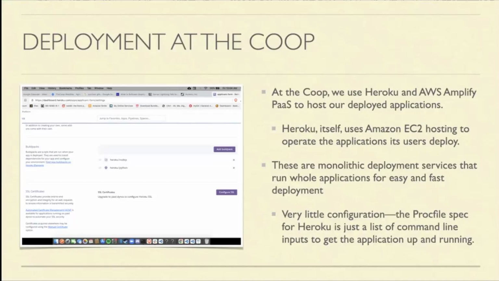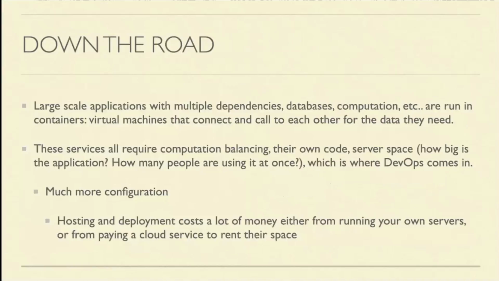But it's pretty good for things you want to get up and running quickly, things you want tested quickly, and you don't really run into very many snags until you get past a significantly large number of users and requests. It's really easy to get things up and running. The Procfile is the deployment spec for Heroku, and it's just a list of a couple command line inputs that get the application up and running.